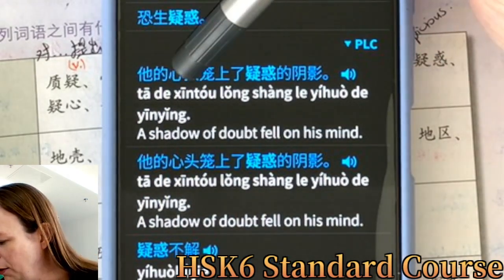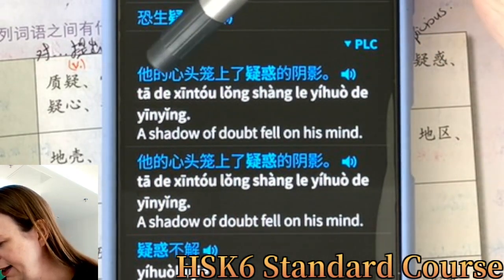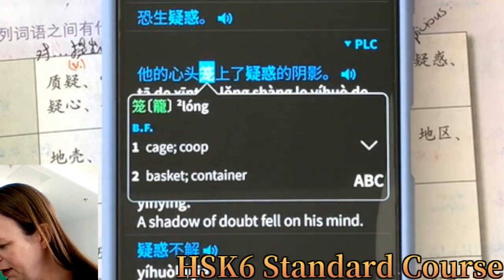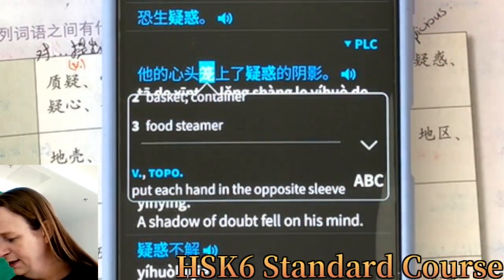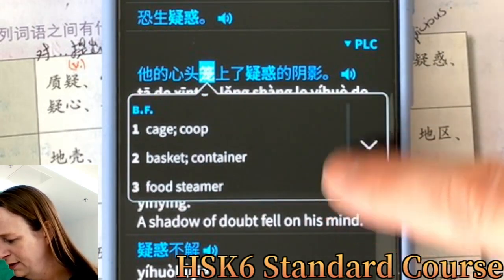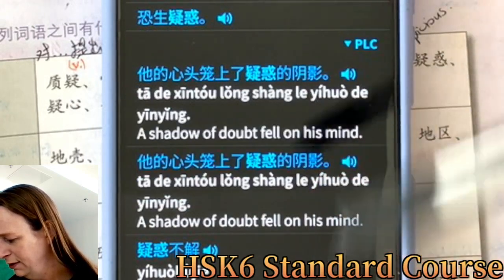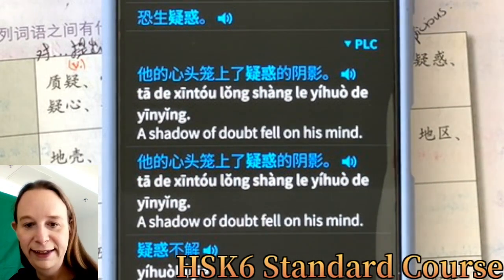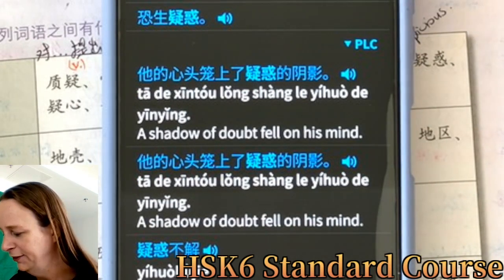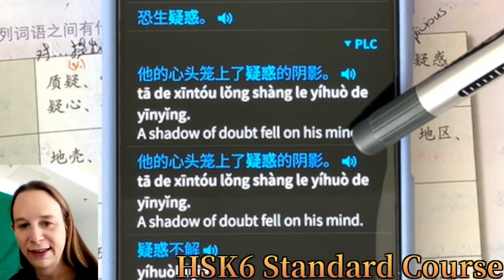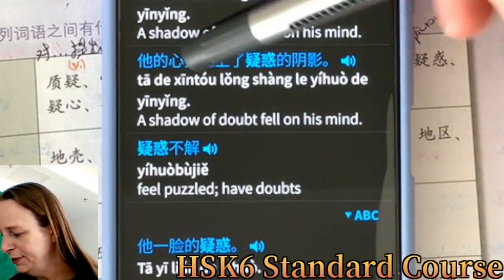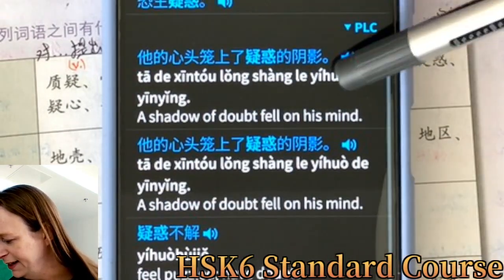他的心头, what? 他的心头龙上. Is that a verb? "龙上了疑惑的阴影." I feel like this is a translation of this. Is that the same sentence?